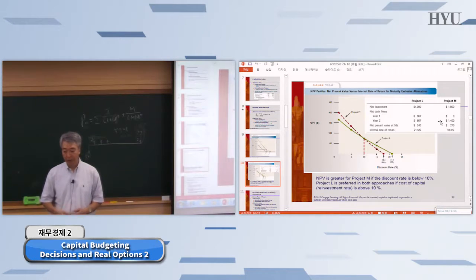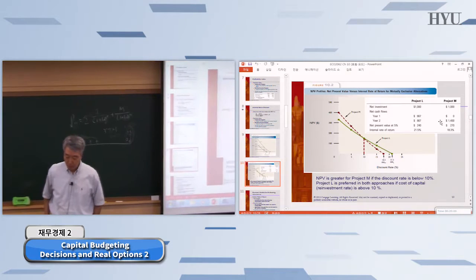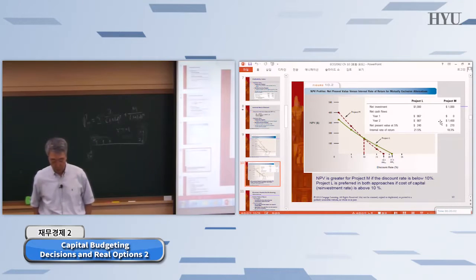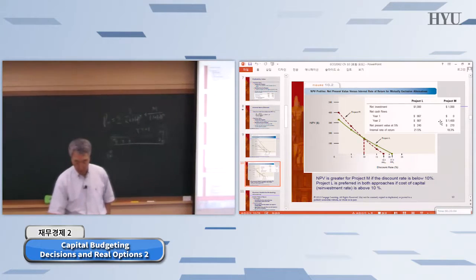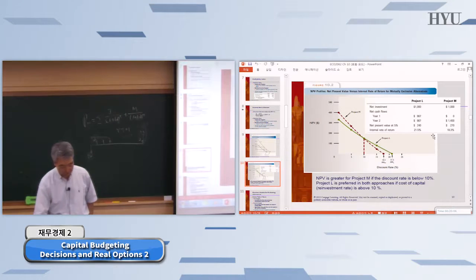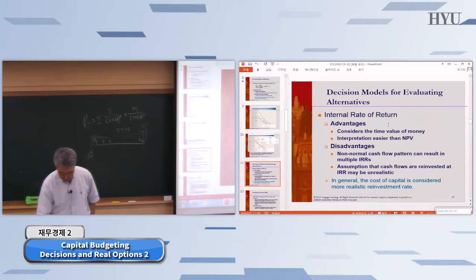because there is a difference in the assumption, right? When you use IRR approach, the IRR approach assumes that the cash flows are reinvested at the IRR, internal rate of return, right?